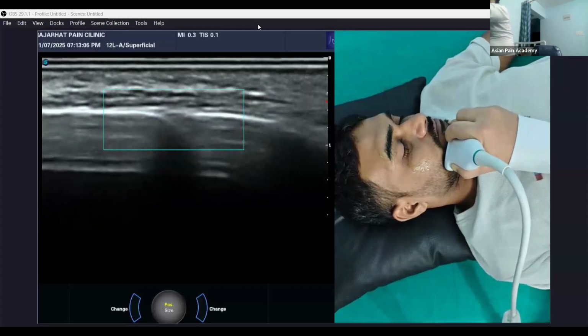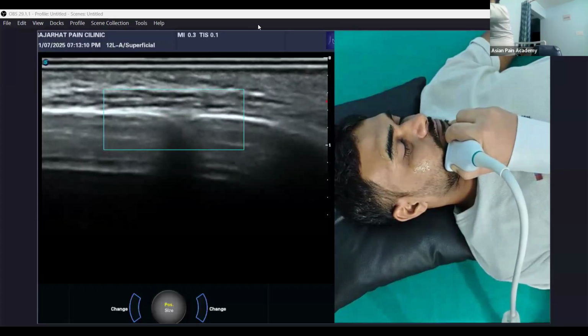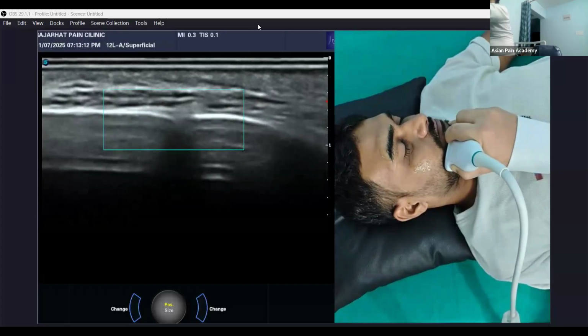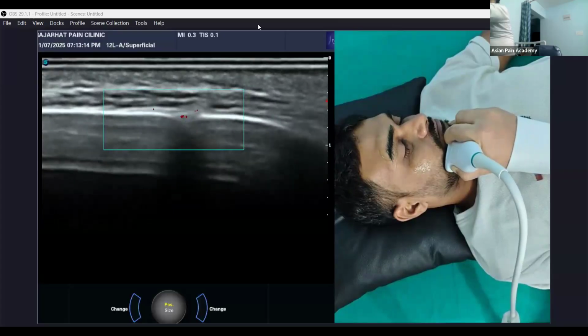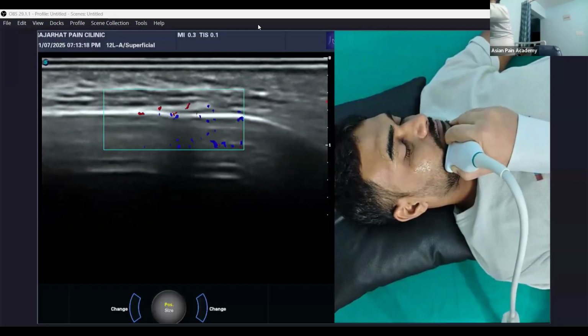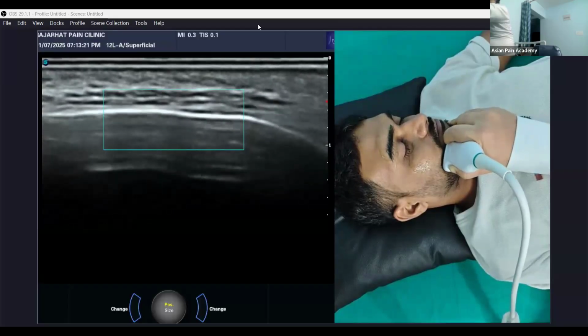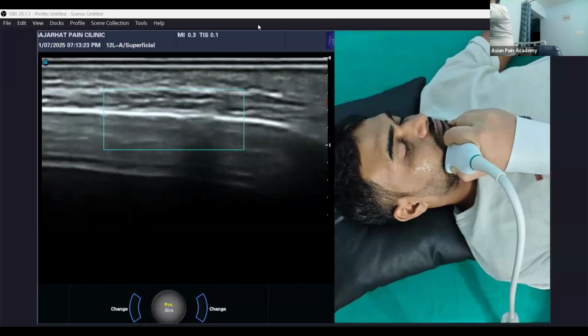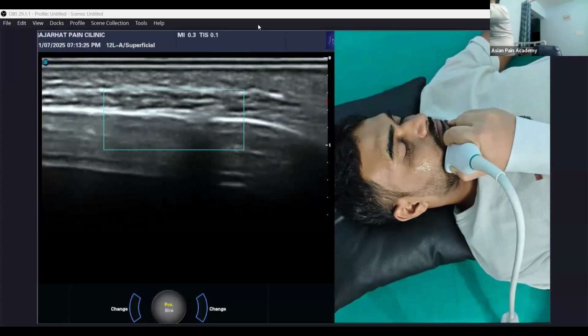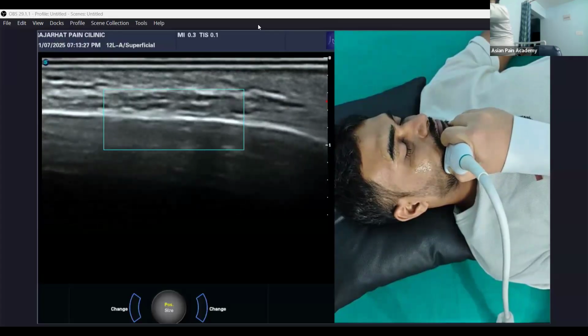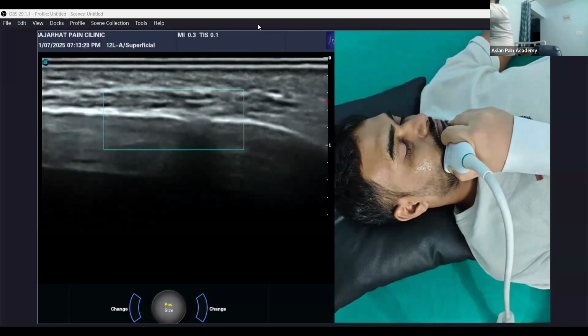There is a very small foramen, and after locating it, you go from outside the foramen, and it is always from lateral to medial. The injection should be lateral to medial, otherwise you will not enter the foramen, because the opening is towards the lateral side.